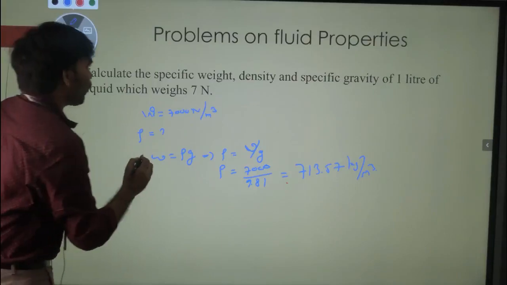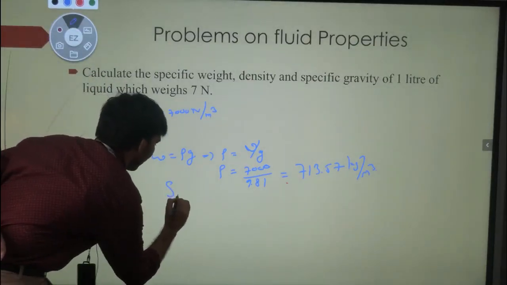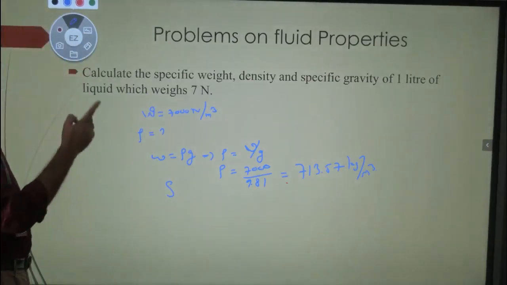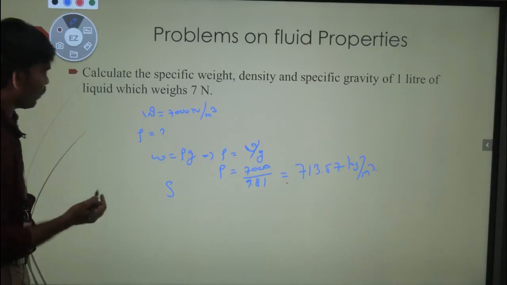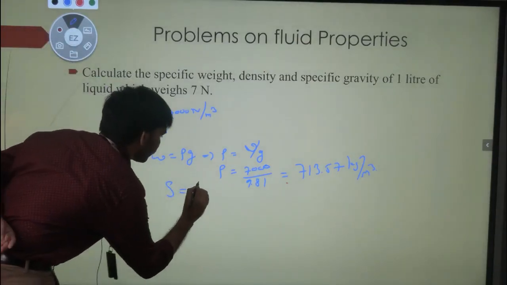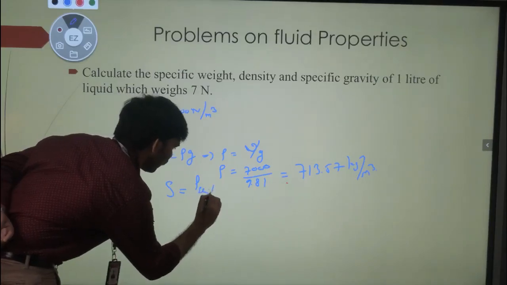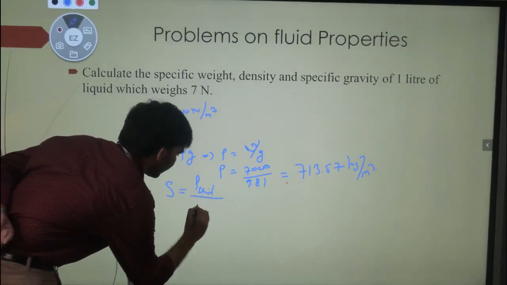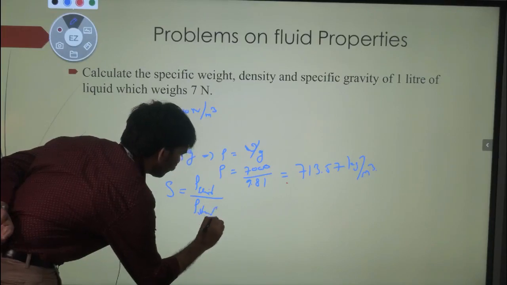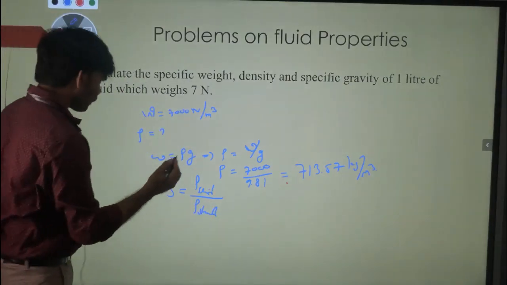Next we need to find out the specific gravity of the liquid. The specific gravity is nothing but the ratio of the density of the fluid, or density of the liquid, by the density of the standard fluid or standard liquid.